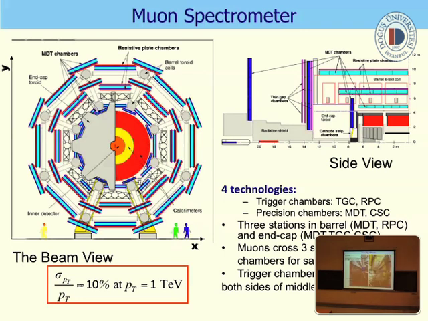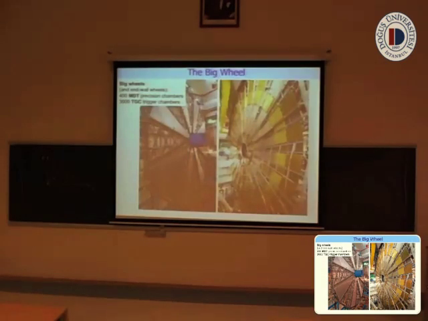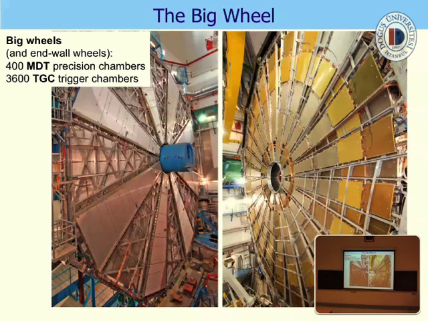Okay, and this is how it looks. This is the picture of the Muon spectrometer of the big wheel, and this is just an example. These are the trigger chambers, and these are the MDT chambers, the precision chambers of the Muon spectrometer. These are actually the tubes that we discussed today, the white tubes you see here.